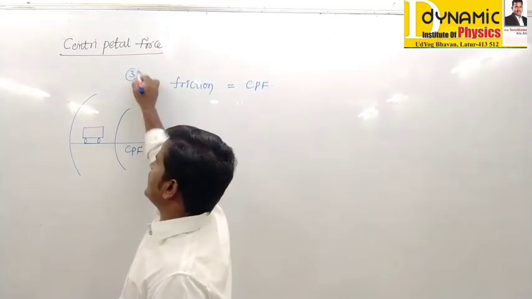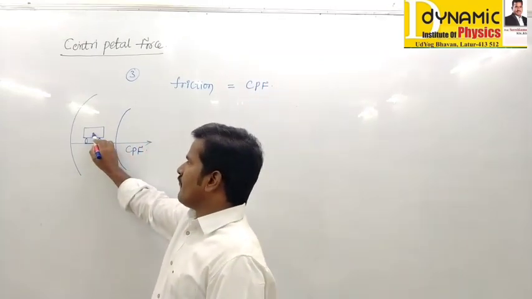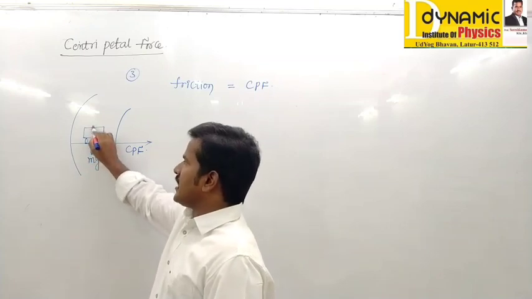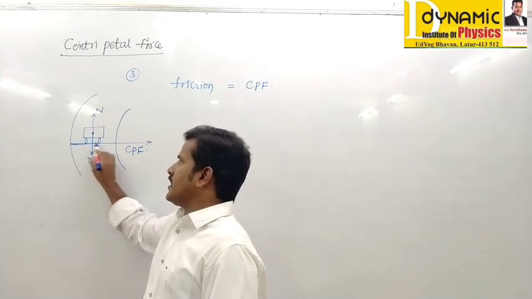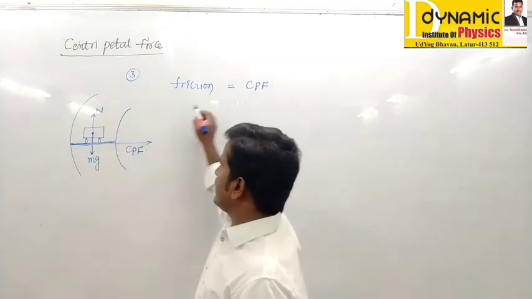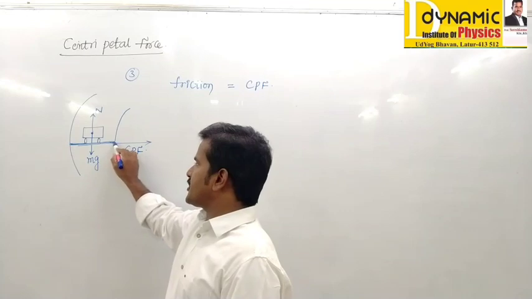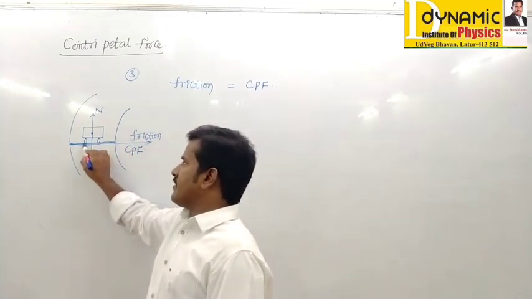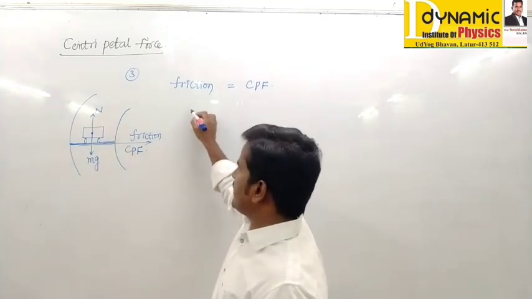This is the third example. Weight acts vertically downward and the normal reaction acts vertically upward. On a horizontal surface, N and mg are equal and opposite. Here friction provides the centripetal force, and friction is always toward the center of the circle.